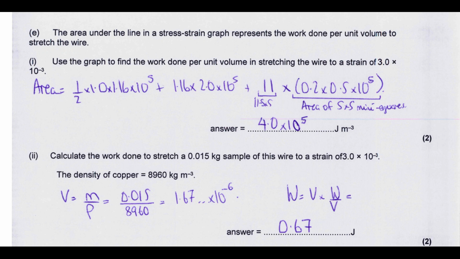Okay, so this is what I was talking about earlier in terms of using the area under the stress strain graph to then work out the work done per unit volume in this case. So you can see, as I said before, I divided it up into a triangle, a rectangle, and then essentially I worked out the number of squares I had underneath the original graph.